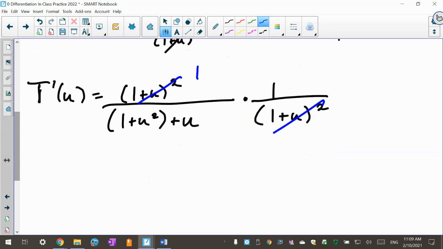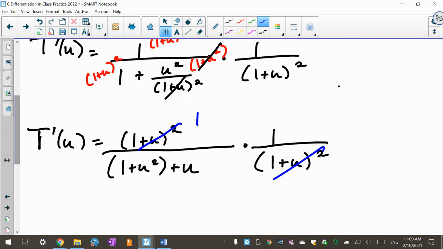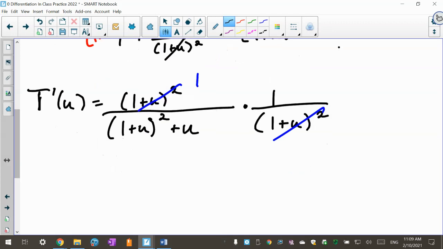So I end up with, and then this should be 1 plus u, squared. I put the squared on the inside. It should be on the outside. So I'm thankful I caught that. So this is 1 plus u squared. So what I did now is I actually multiplied this out. When I do, I get 1 plus 2u plus u squared, all right?